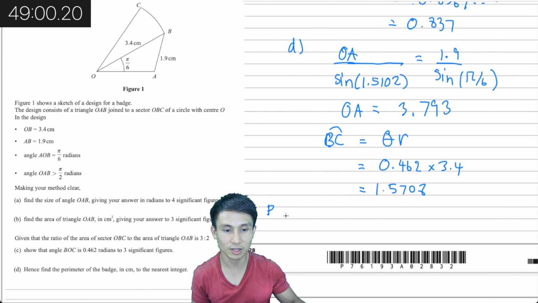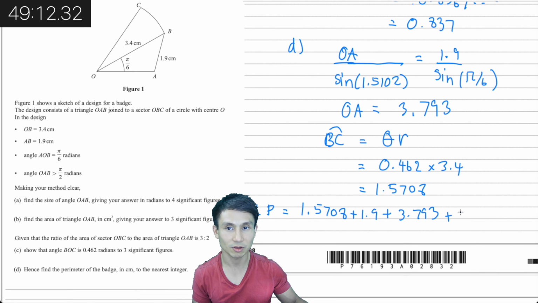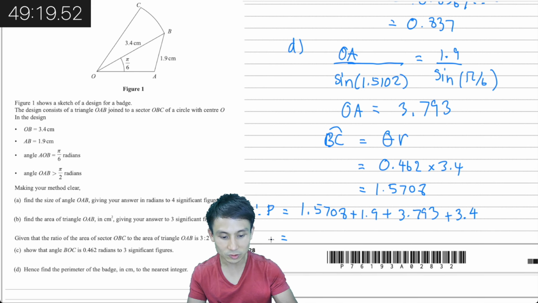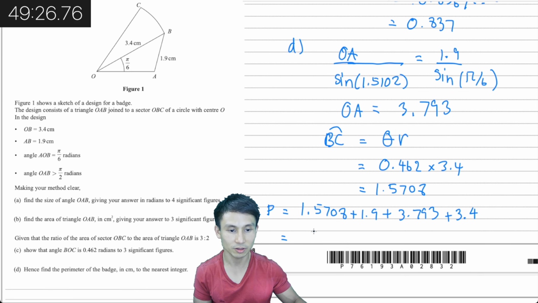So perimeter P is going to be equal to the arc length plus 1.9, just go around clockwise there, plus OA, which is 3.793, plus the radius, which is the side OC. That's everything, 4 sides, yeah. So we plus 1.9 here, plus 3.793, plus 3.4. We get 10.6638. Nearest integer, so that's 11 centimeters.